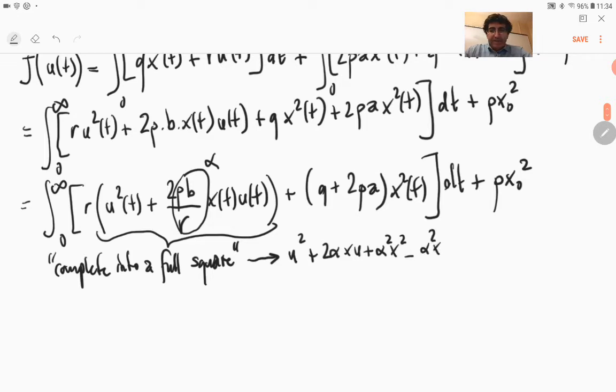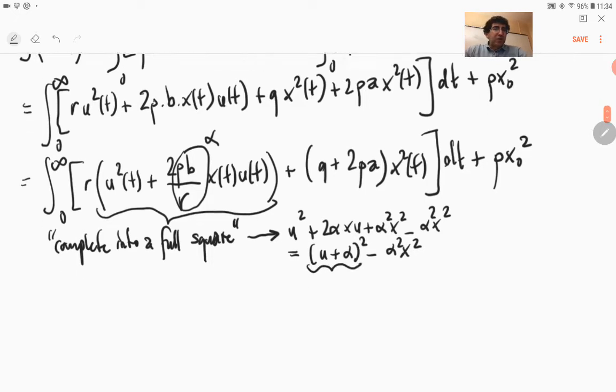So that means this becomes u plus alpha x, squared, minus another term, alpha square x square. This is the full square term.